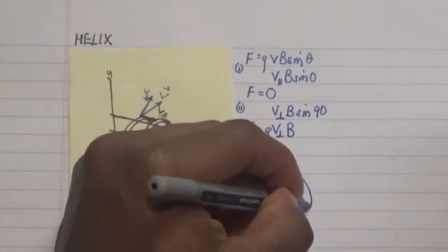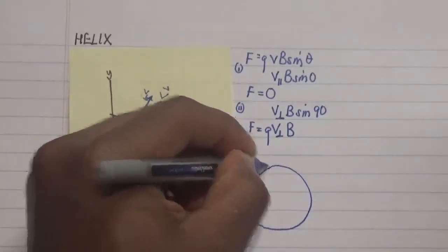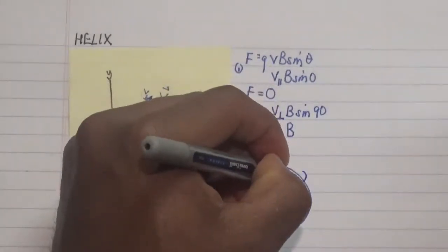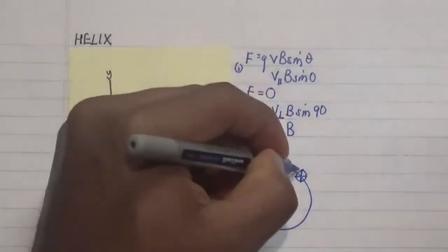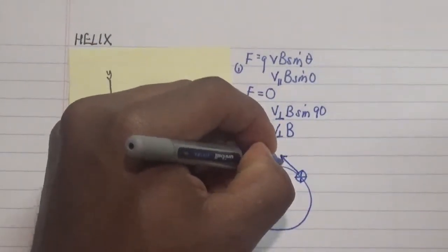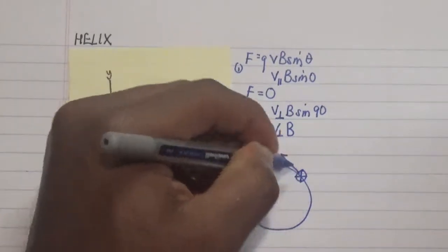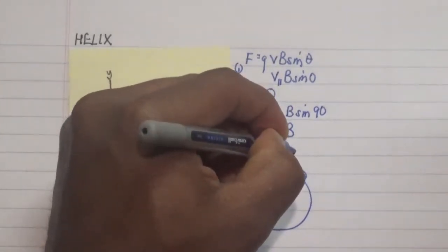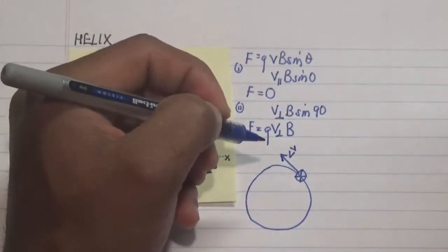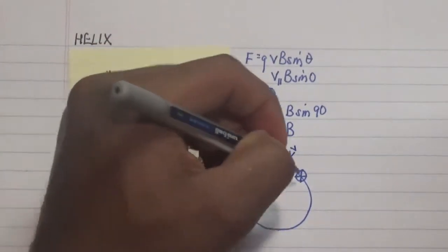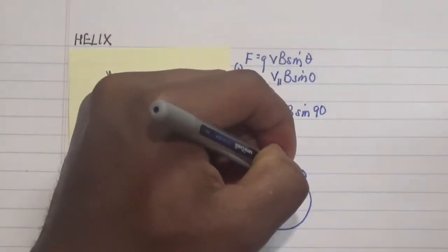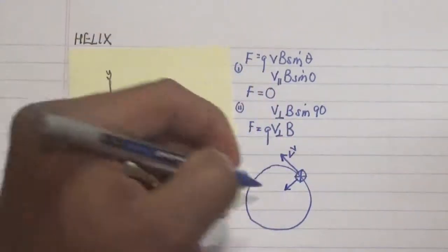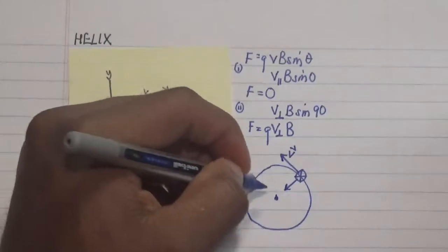So if I have a circular path over here and I have a magnetic field that is pointing inward, what I realize is that if I take the tangent of this curved path, which gives me the velocity, the force that is generated is directed into the center of this circle.